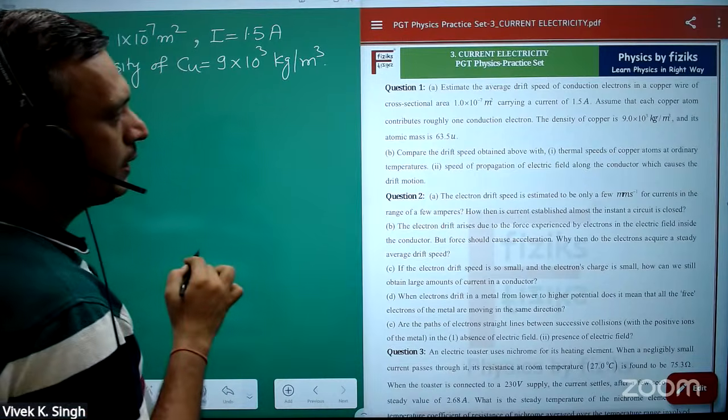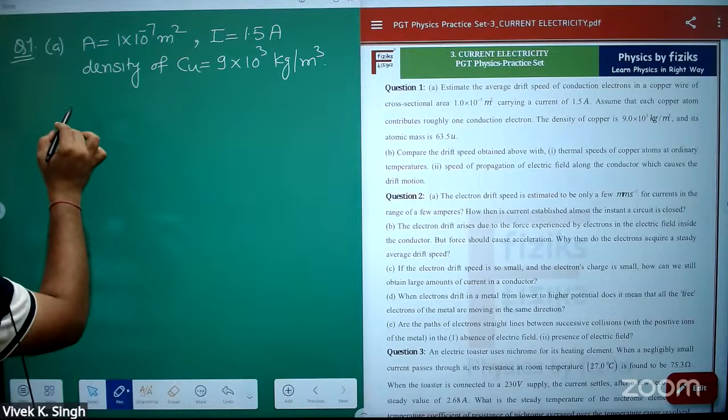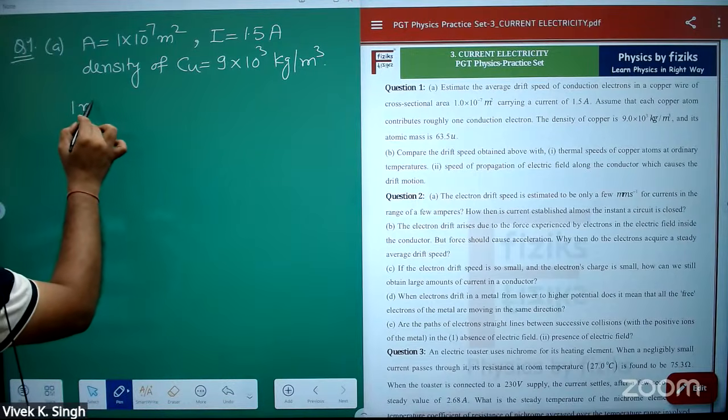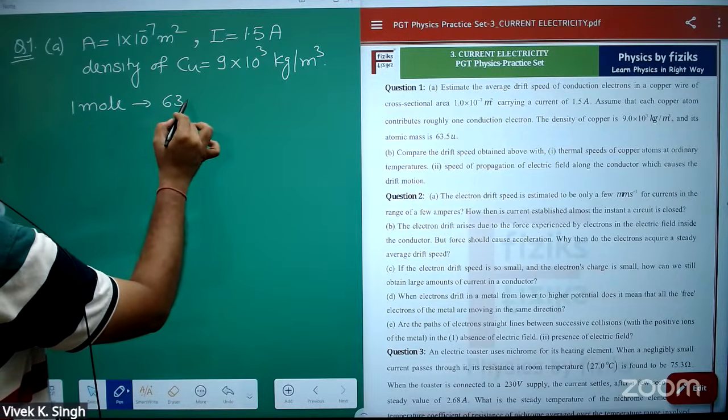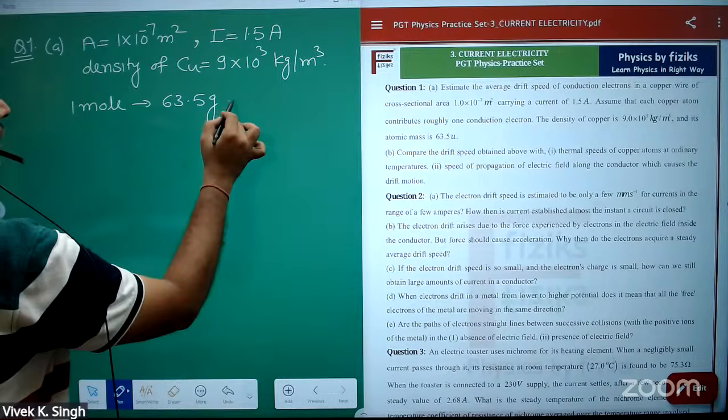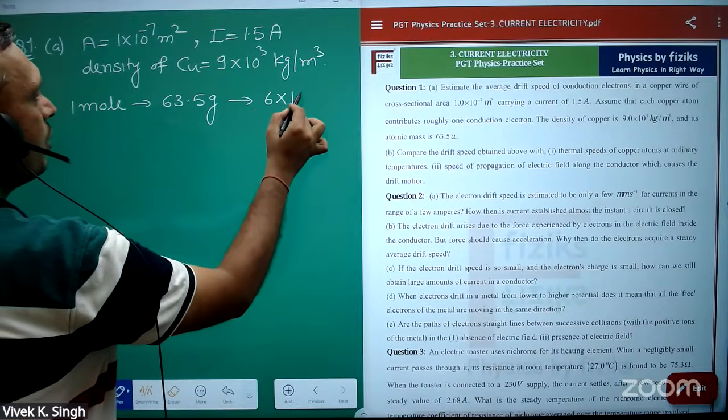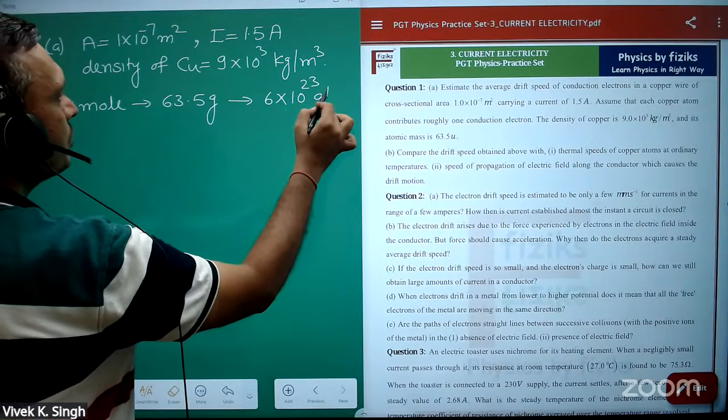So you know that for copper, 1 mole is 63.5 gram, and this will give you 6 into 10 to power 23 atoms.